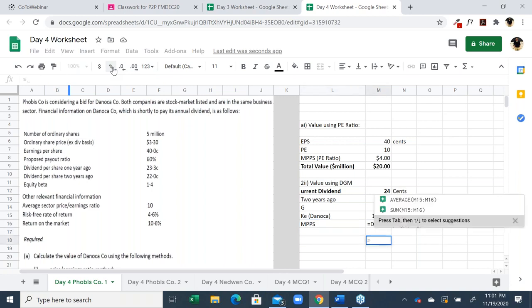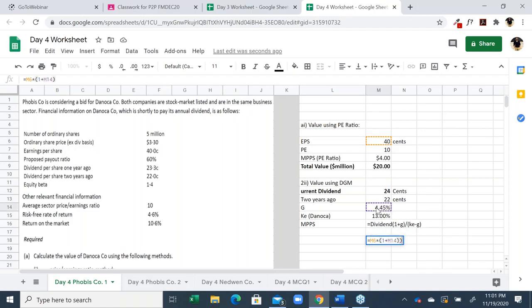everything that we need for the dividend growth model. We have the latest dividend, which is 40 cents. We have the growth rate, that is 4.45%, and we have the cost of equity, which is 13%.